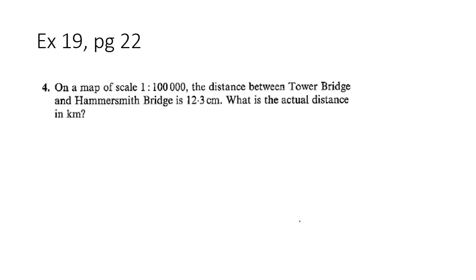Let us now look at a few particular questions from the textbook. Here it says on a map of scale 1:100,000, the distance between Tower Bridge and Hammersmith Bridge is 12.3 centimeters. What is the actual distance in kilometers? So in most of these cases, we actually have to deal with the map distance and the actual distance.